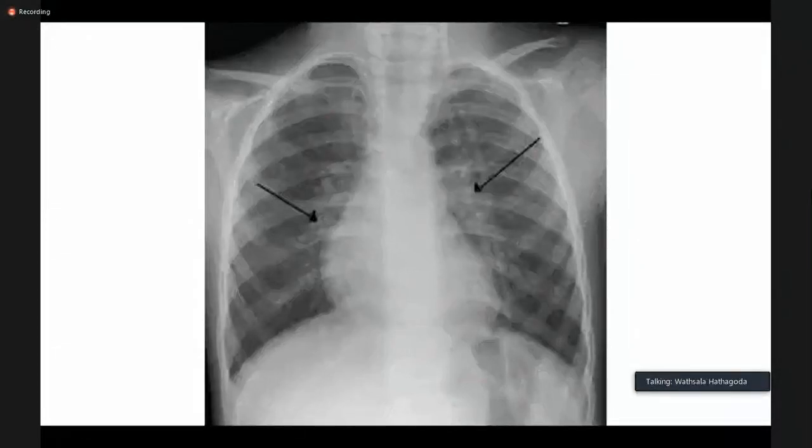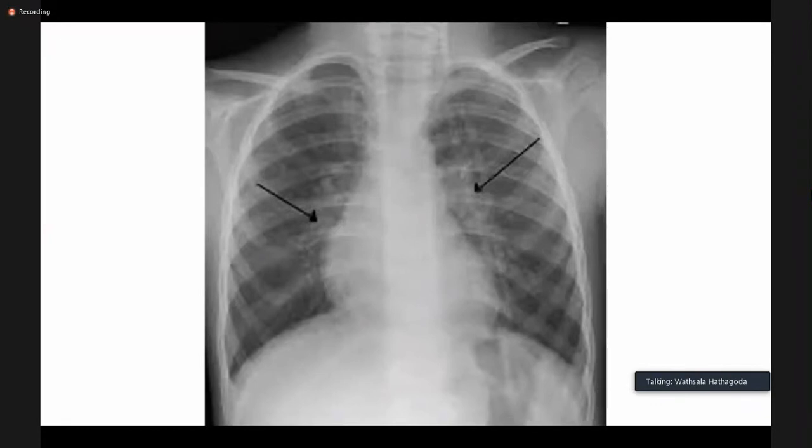So what happens in bronchiolitis? What's the pathophysiology? What would you see in bronchiolitis? Inflammation of the bronchioles. Yeah, okay, good. So it's the inflammation of the bronchiole.